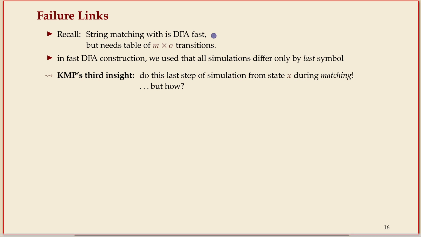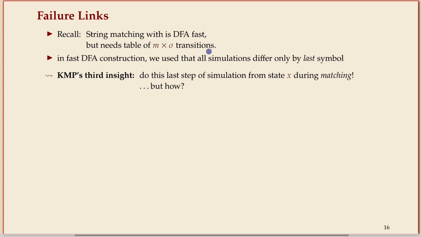So if you recall, the string matching automaton as a DFA was essentially as fast as it could get for the matching part. But it needs this transition table, which tells you for each state and symbol where to go. And it just seems impossible to reduce that further, because you need to specify where to go.